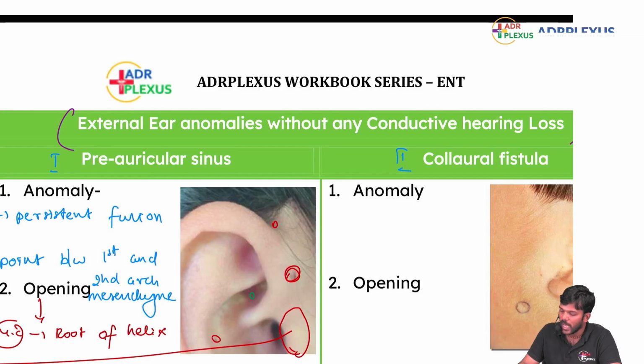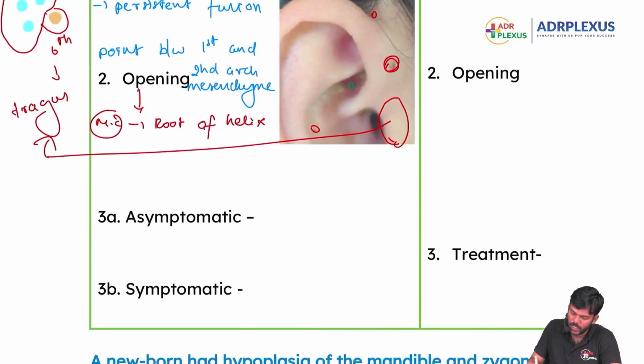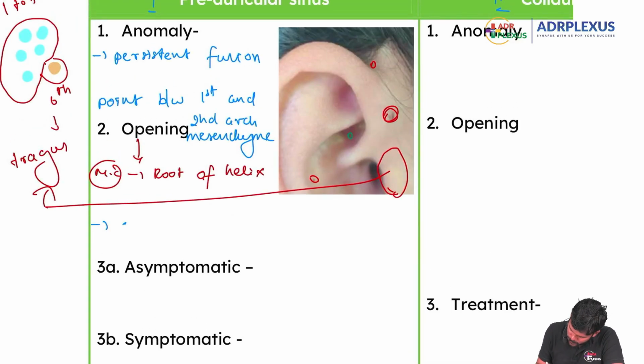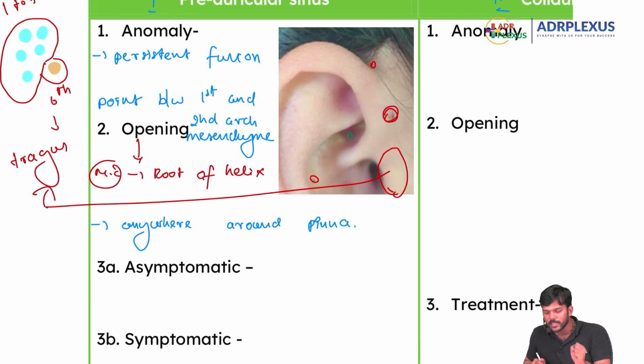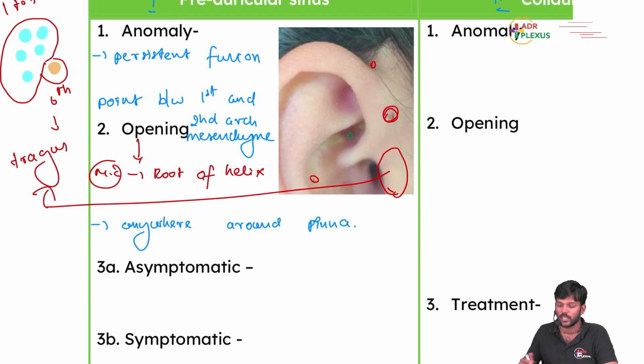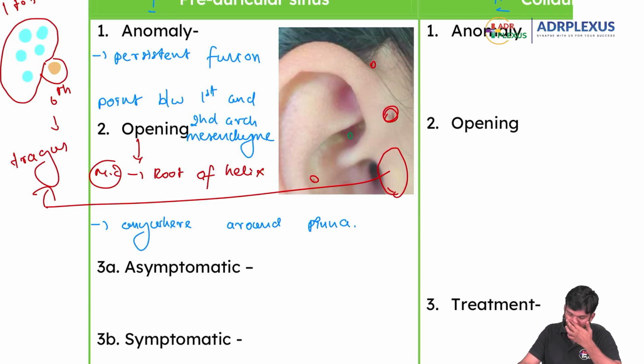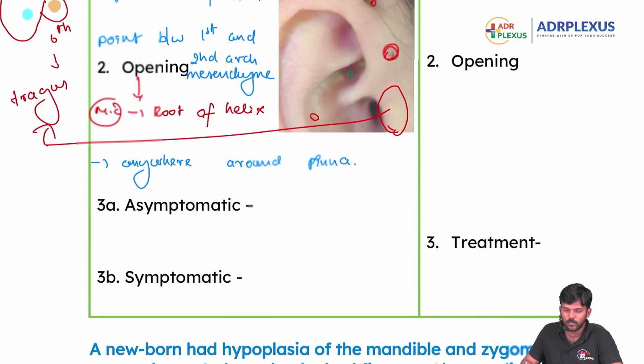So we can have the preauricular sinus opening anywhere around the pinna. But the most common site is the root of helix. You would have seen this preauricular sinus in a lot of people.